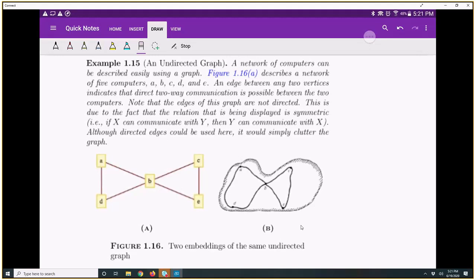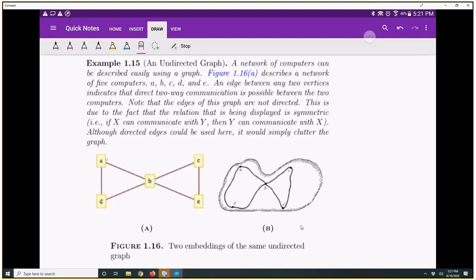An undirected graph like this might be a good model for a network of computers. If we labeled the computers A, B, C, D, and E, the way we would interpret this graph is that anywhere you see an edge is a direct line of two-way communication between two computers.